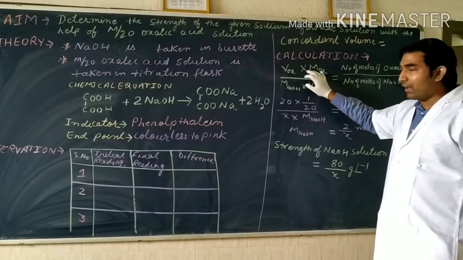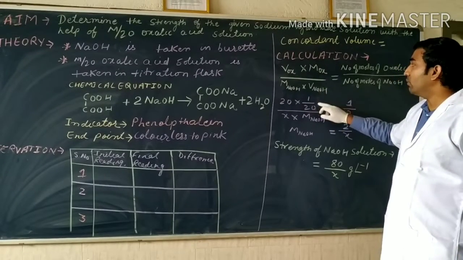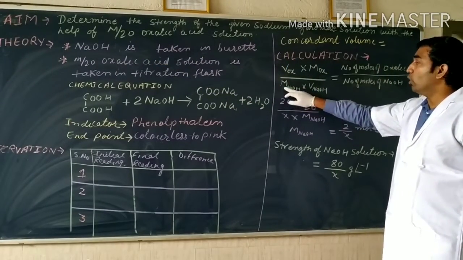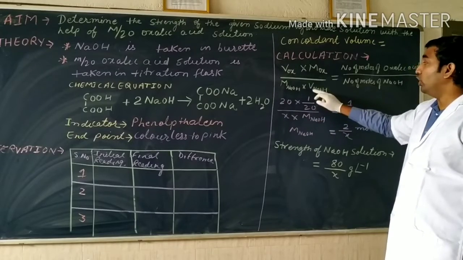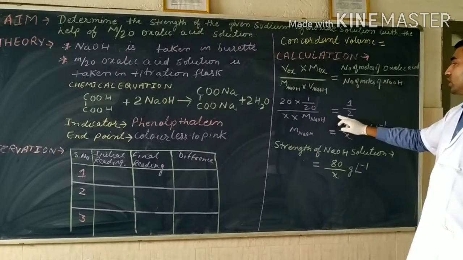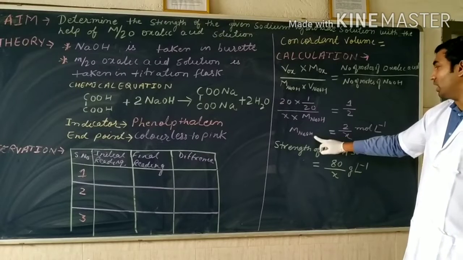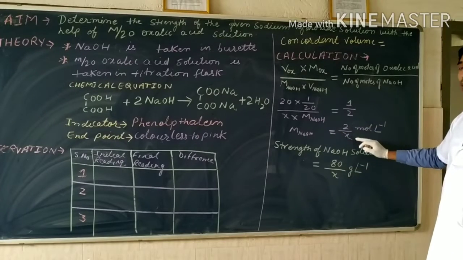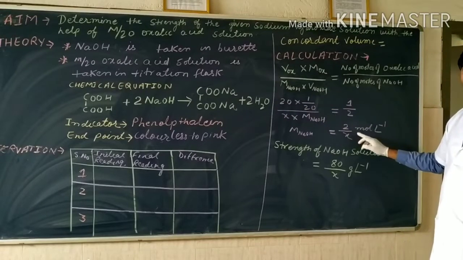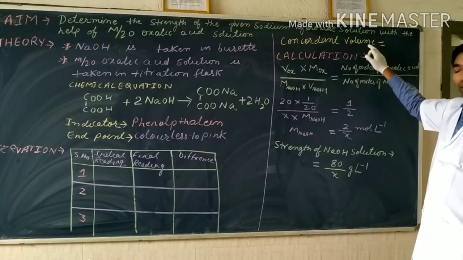See, when we put the values, 20 is the volume of oxalic acid which we pipette out. 1/20 is the molarity of oxalic acid, which is given in the question. Molarity of NaOH we have to find, and volume of NaOH is the concordant volume, which is equal to 1/2. From there we calculate the molarity of sodium hydroxide, which is equal to 2 upon x. When we solve this, 20 and 20 cancel, giving 2 upon x. What is x here? x is the concordant volume.